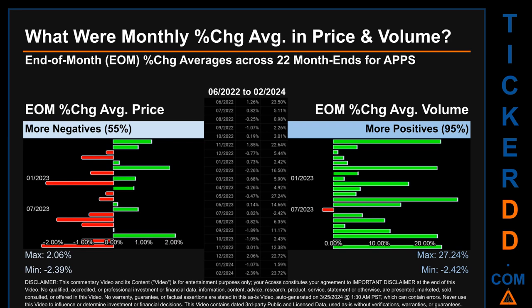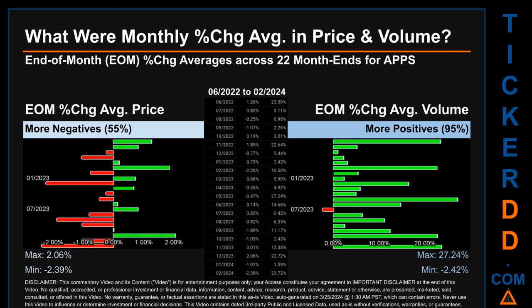What were end-of-month percentage change averages in price and volume for APPS? The monthly average of percentage change in price and in volume were calculated for each of the 22 month ends. That calculation took daily percentage changes and averaged them for each given month. If a month end came out negative, then it means that the month summarily saw a negative change.